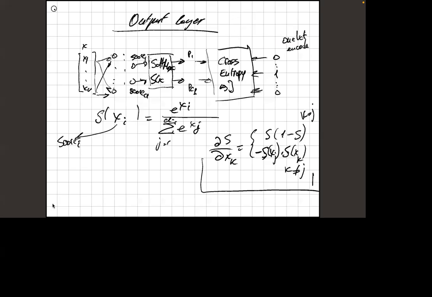You want to compare the distributions: the one-hot encoded one, and the output of the network. But at the end, what you want to compute is your error E, or cost, that you want to minimize.